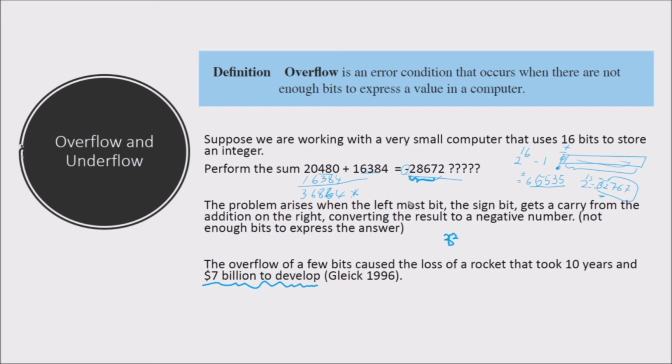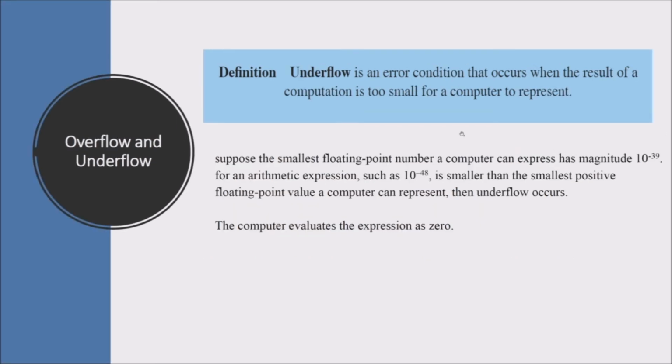And underflow is the same idea. In this case, you have really small numbers to store, and even if you use the space that you have, you unfortunately get zeros. For example, this one right here is an underflow situation. Suppose the smallest floating number a computer can express is 10 to the power minus 39, and you have something with 10 to the power minus 48.